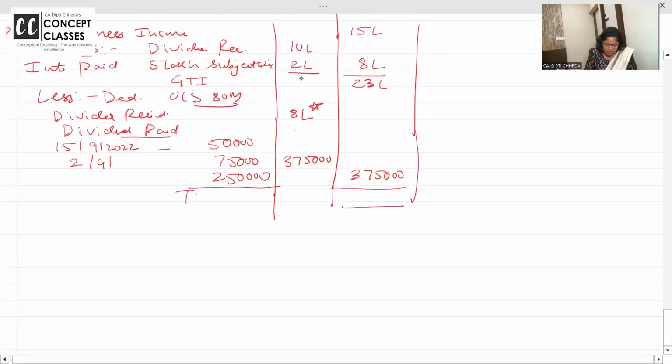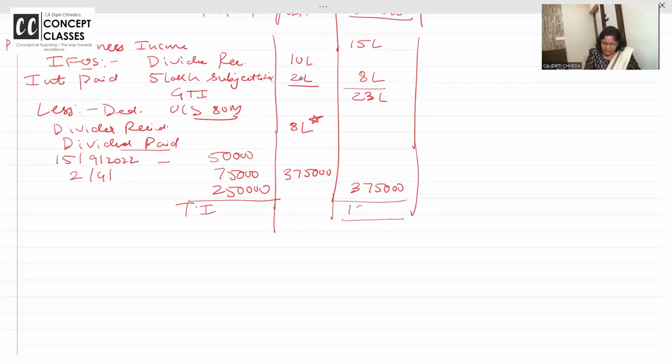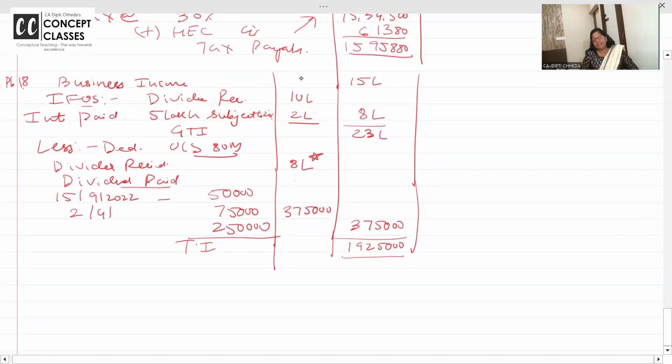Now what you get, you call it your total income. 19 lakh 25,000. Finished. Easy. What new you have learned is interest deduction. How much is allowed, subject to. And then how do you do the net off? Nice.